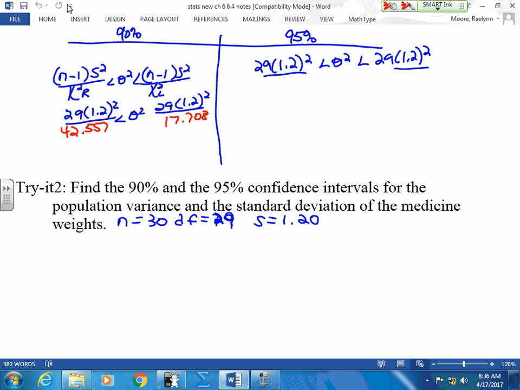Doesn't that make sense? So this becomes the smaller part of our inequality. And this breaks down to 0.98 and 2.36. Take the square root of these. That's your confidence interval for your variance. And did anybody take the square root of this?